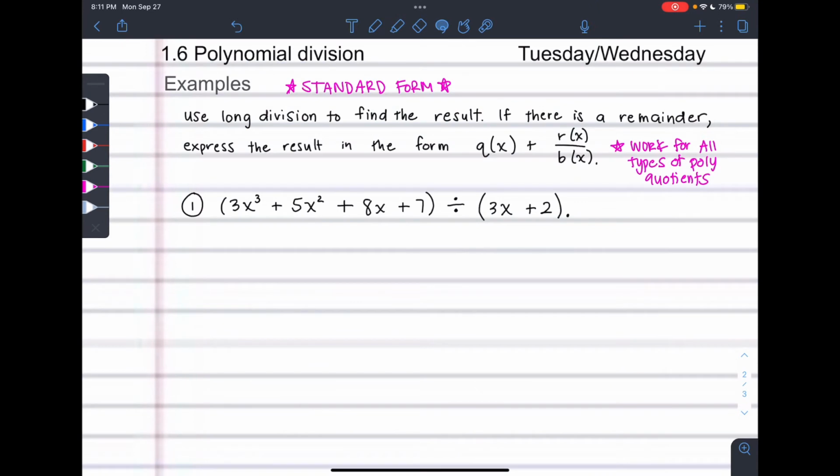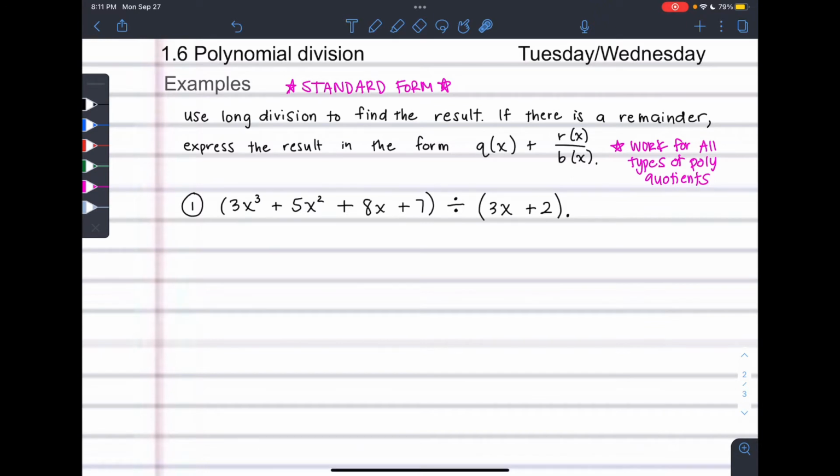Okay, so for these examples, you always want to make sure we are working with polynomials in standard form. Organizing it is going to be really important here with long division. When you get to Delta Math, the directions will say use long division to find the result. If there is a remainder, express the result in the form of q of x plus r of x over b of x.